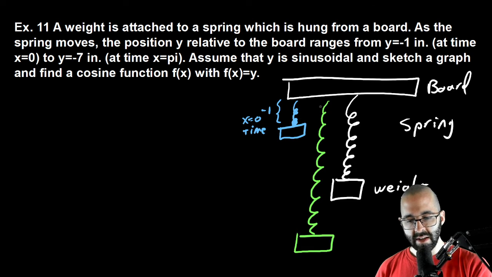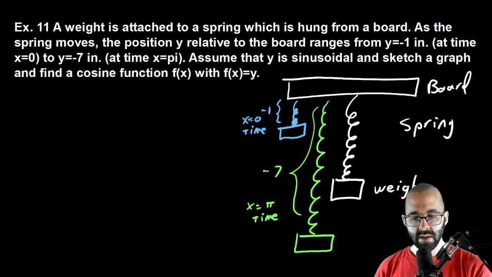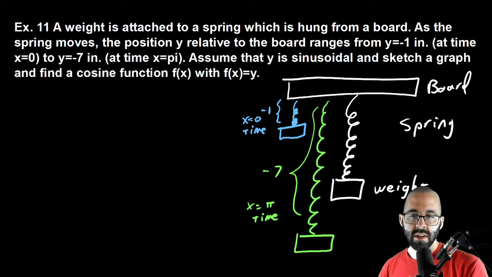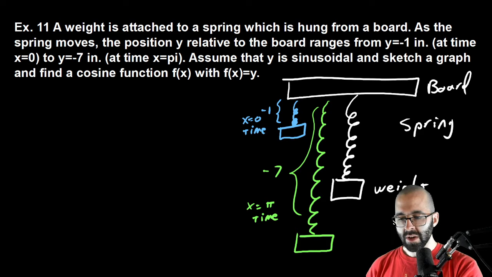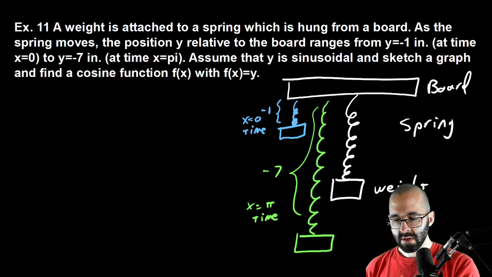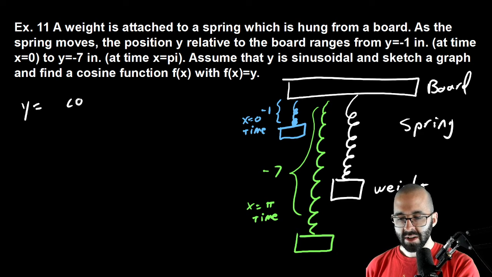That's going to be 7 inches when x is equal to pi. Assume that y is sinusoidal and sketch a graph and find a cosine function with this property. So here's what we know. We know it's going to be cosine. Now it's going to be y equals something to do with cosine.